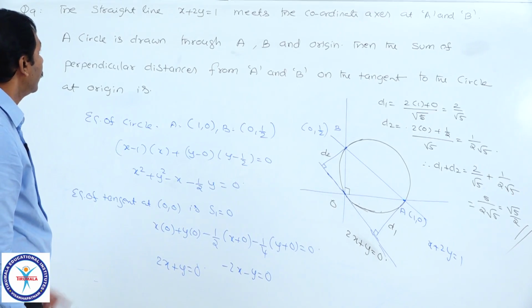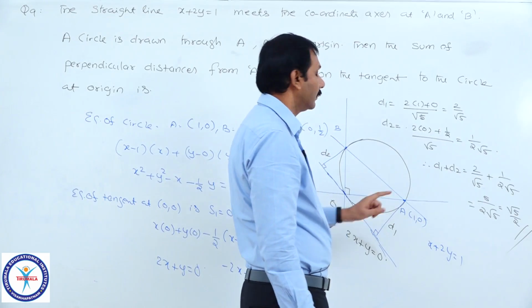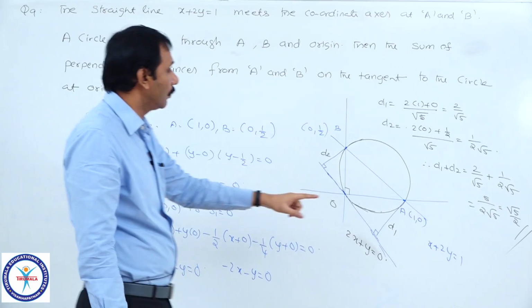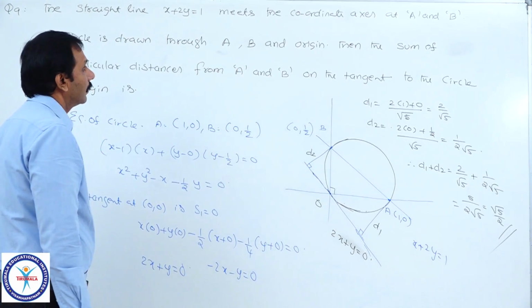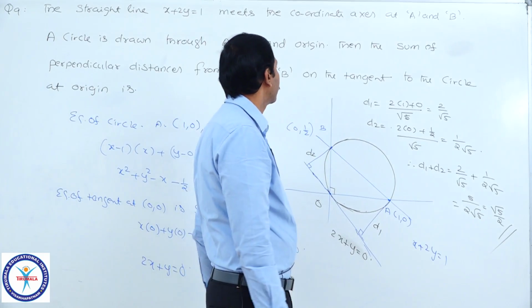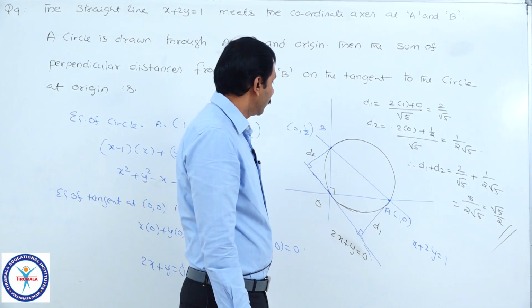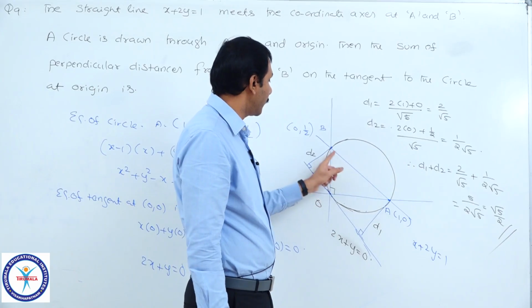Once again, this straight line intersects the coordinate axes at A and B. Now, a circle is drawn through these two points A, B and the origin. Then they are asking the sum of the perpendicular distances from A and B on the tangent to the circle at the origin. We observed that the required circle has AB as a diameter.